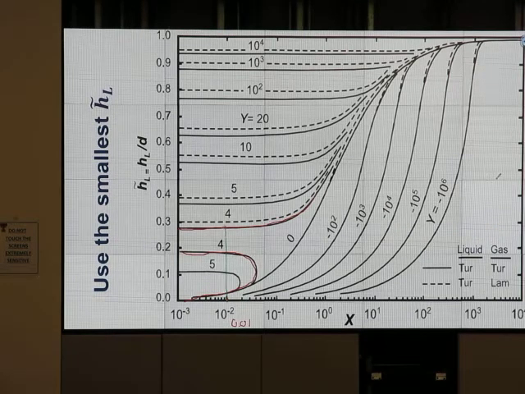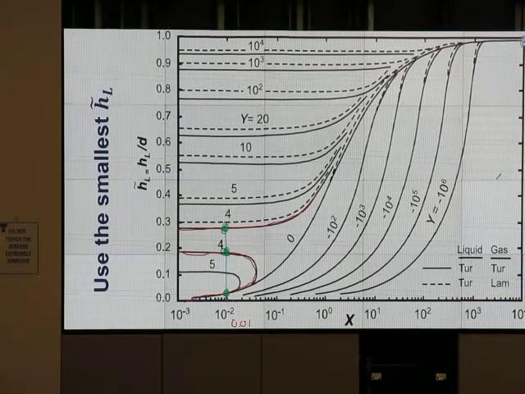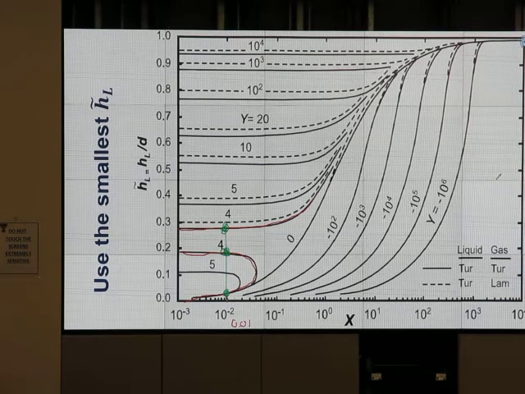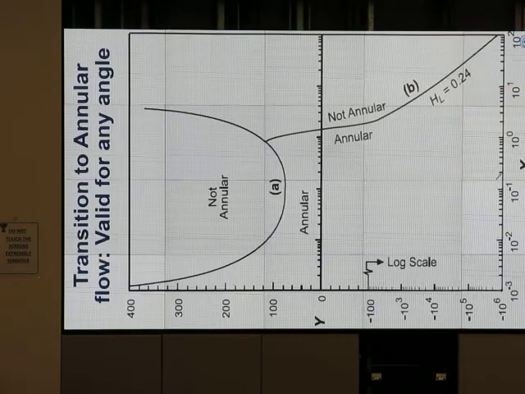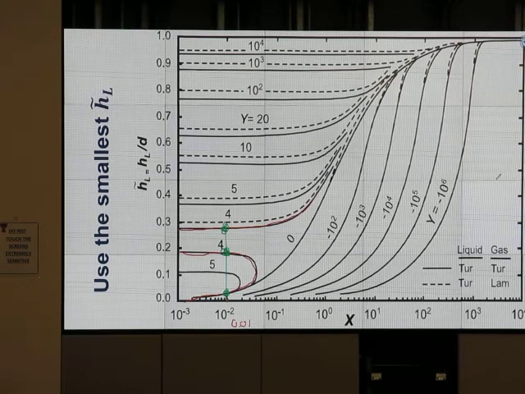The cross point can be that, or that, or that. What do you do? Use the smallest one when you have three answers. For more than 6, I don't think we have a problem. If I have x equal to 0.1 and y equal to 5, I just have one answer, right?